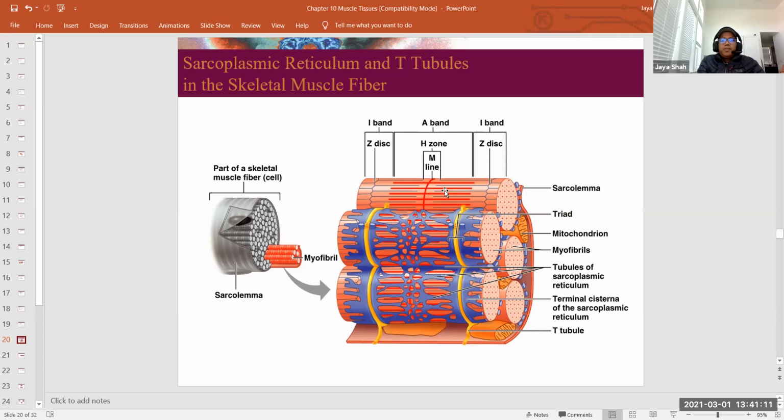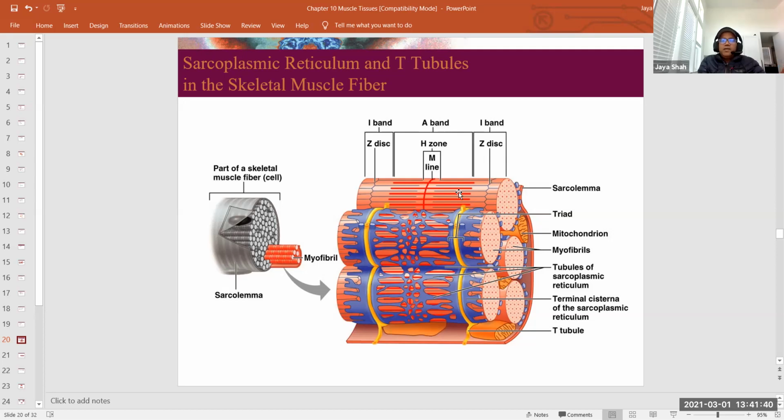Then you see the purple thin filament, which is attached to the Z disc, is called actin. So actin is attached to the Z disc on both sides of myosin, and some part of the actin is covering the myosin surface.